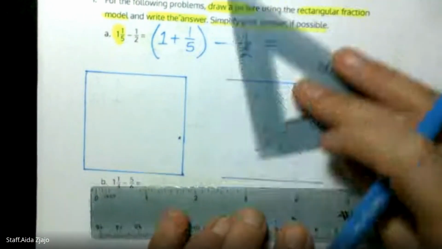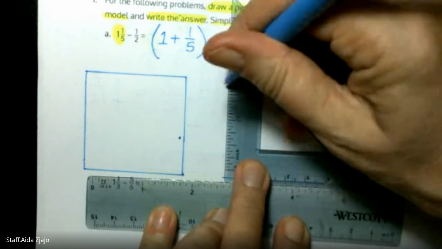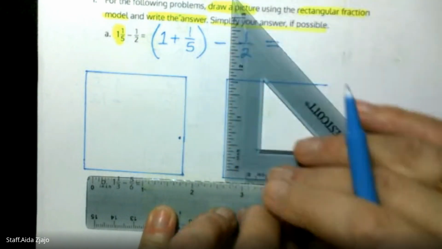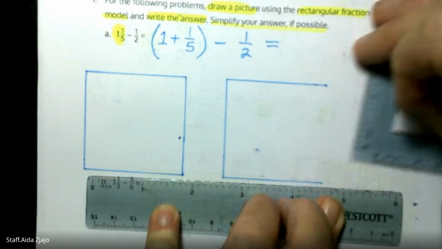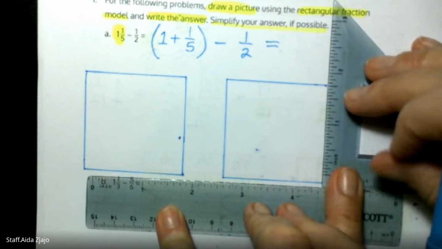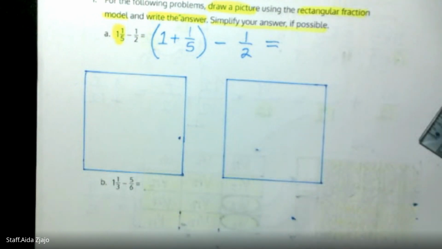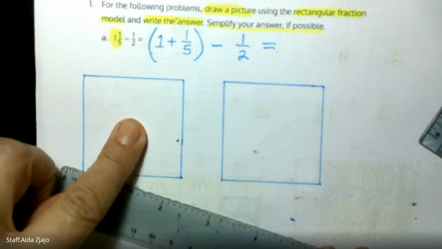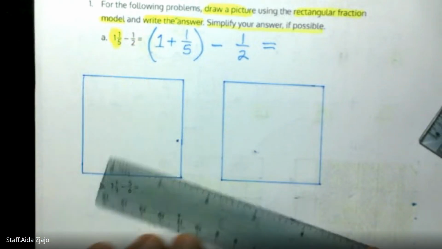So that would be it, and then I can do lines. So now I have 2 wholes. One is a whole, but the other is 1/5 of the part.